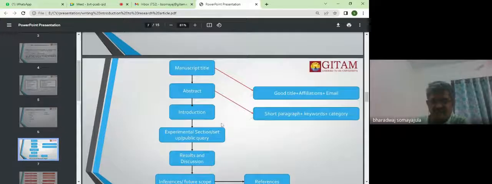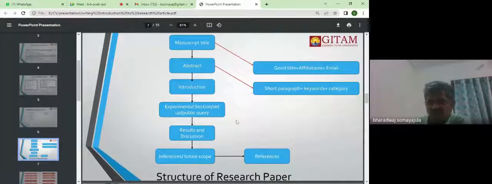So basically, let me put it, what is the importance of introduction through this particular slide. You already know that a research paper has a manuscript title, basically a good title which connects to your topic, with proper affiliation and your email or contact. It will have an abstract, which is a summary of your work.